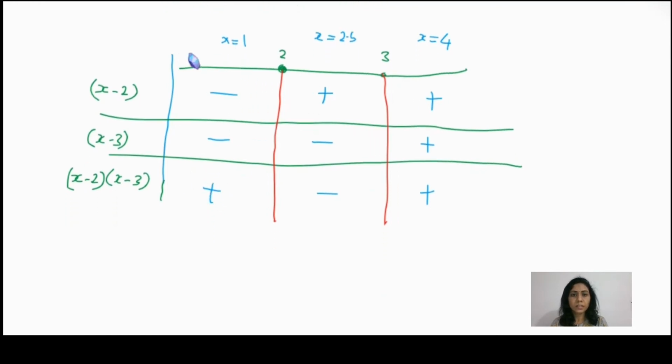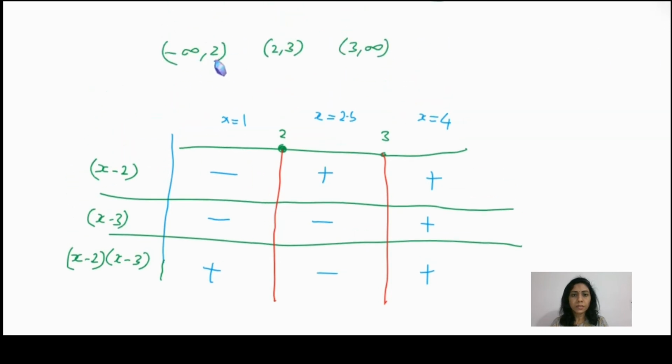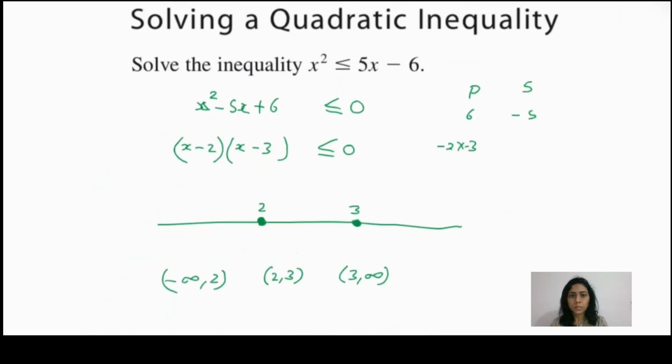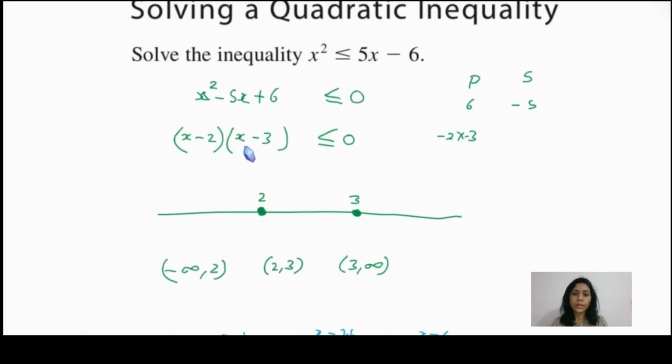Okay, so here these are in this interval, like minus infinity to 2 positive, 2 to 3 minus, and 3 to infinity positive. Okay, what is here? x minus 2 times x minus 3 less than or equal to 0. So here this value can be negative or equal to 0, right?